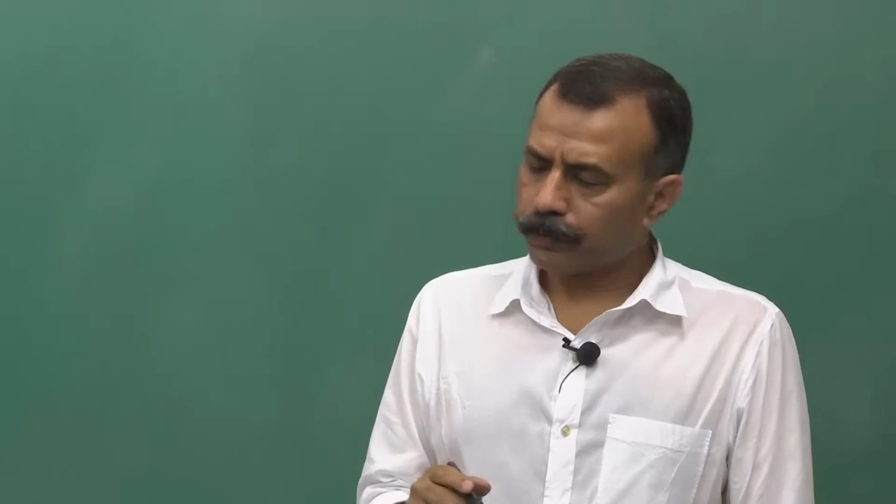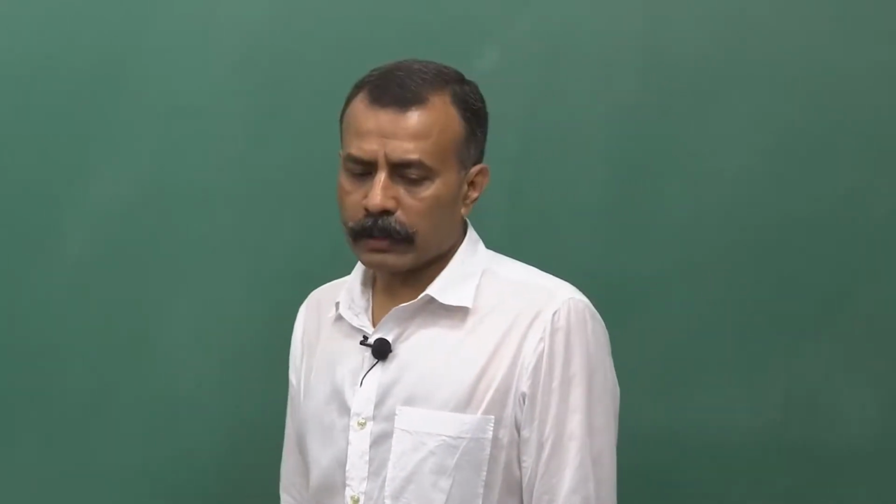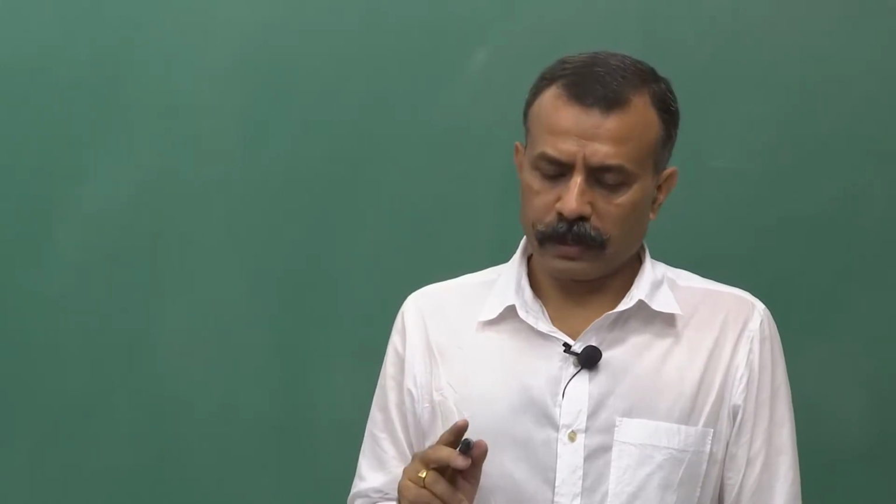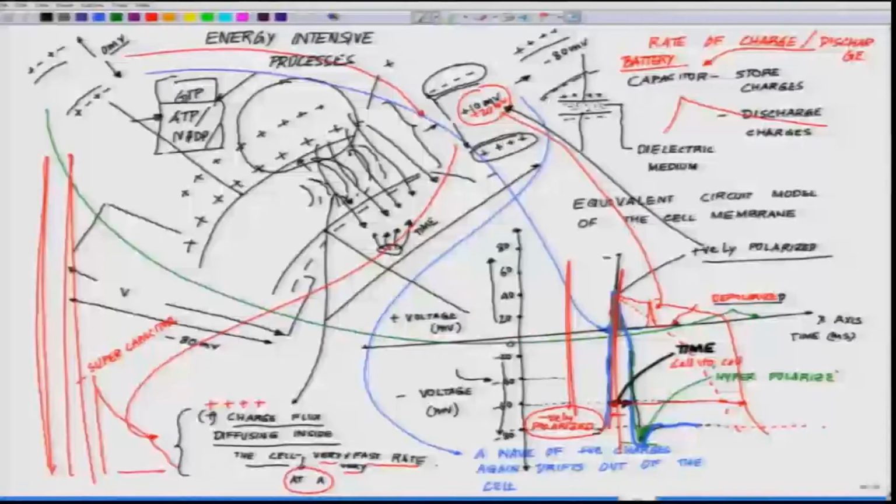Now, while we are at the fag end of the class, it brings us to some very interesting aspects. The first thing we learned today is that there is a huge flux of positively charged ions inside when the action potential is happening.